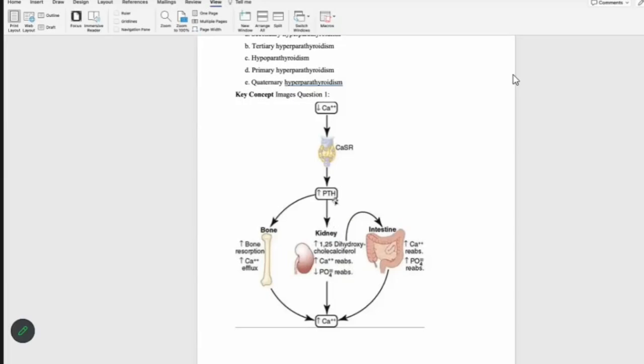Now, what I want you guys to pay attention to is, if you notice here, where we have activated vitamin D, we mentioned that activated vitamin D increases phosphate absorption in the intestines, right? But then we're also seeing that PTH over here causes phosphate to be excreted.